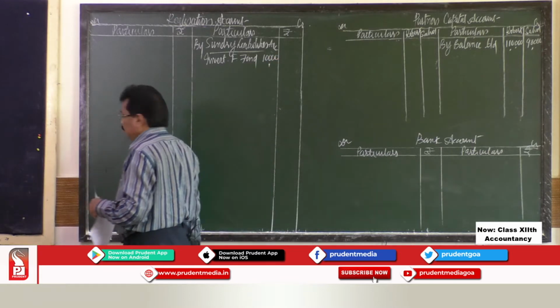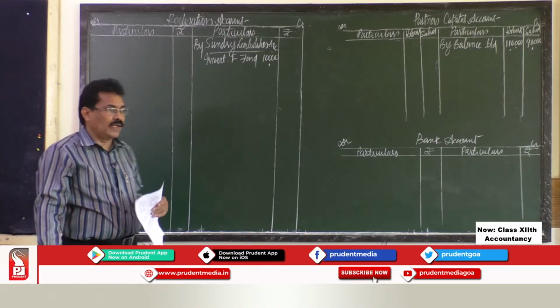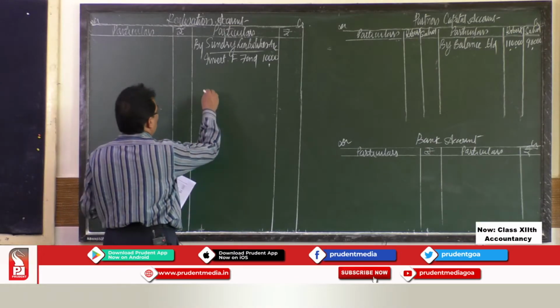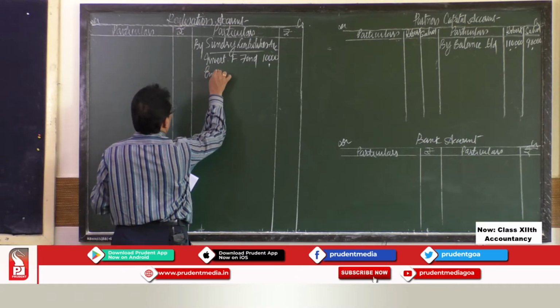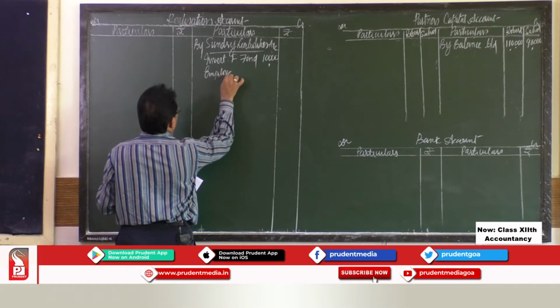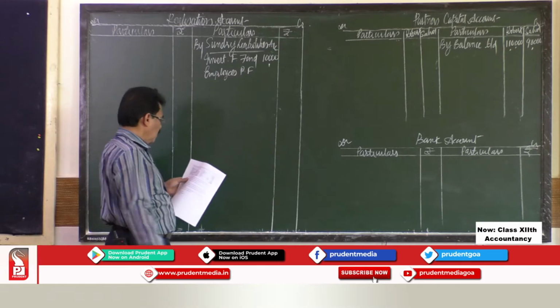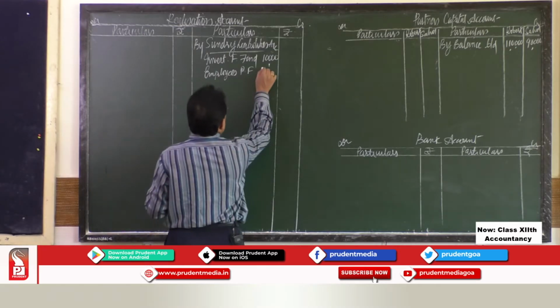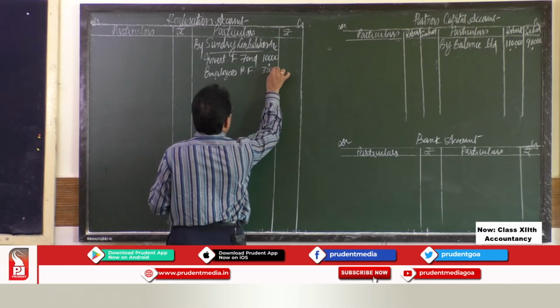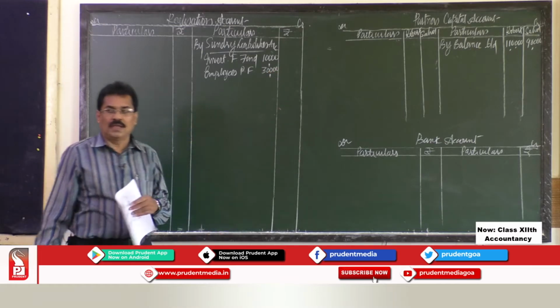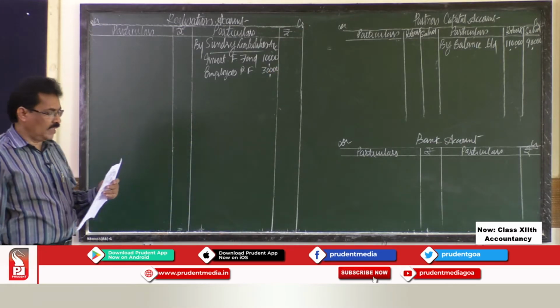Then employees provident fund, it is also an external liability. This is the amount due to the employees. Employees provident fund is 30,000.